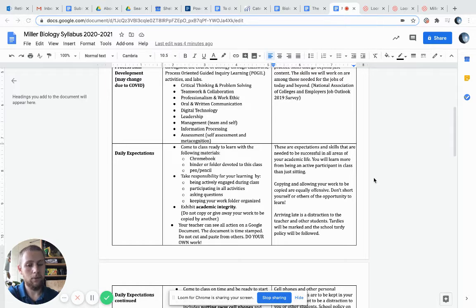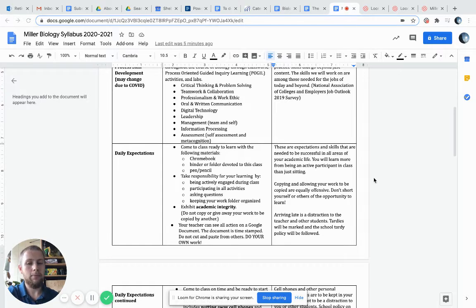Power School and Skyward will be shown to you in a separate video. So Power School is where all assignments will be posted. Skyward holds the grade book, and a separate video will show you how to use those, as well as potentially some in-person instruction. All right, so please come to class with those materials, as well as binder, pens, pencils.